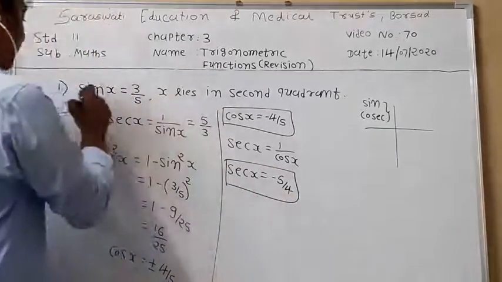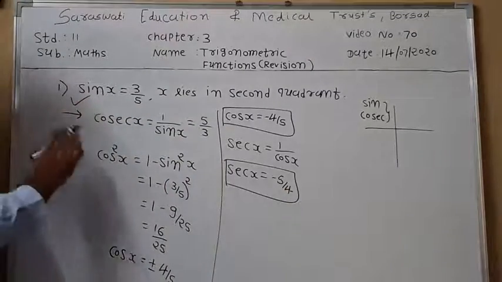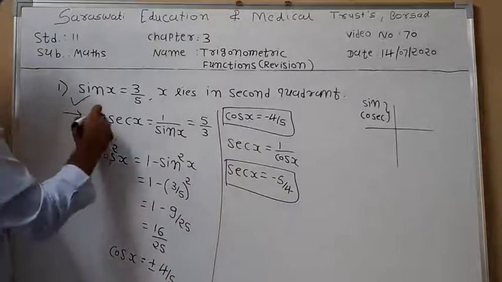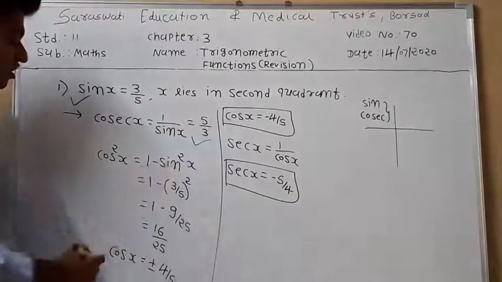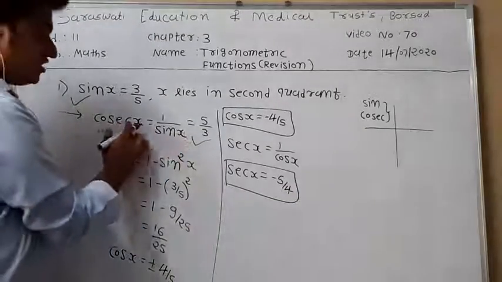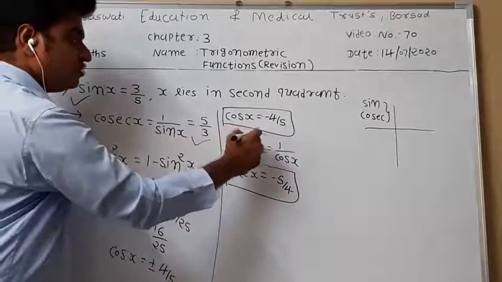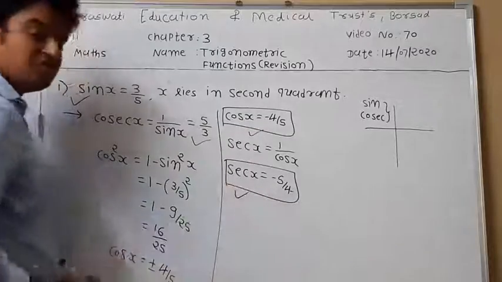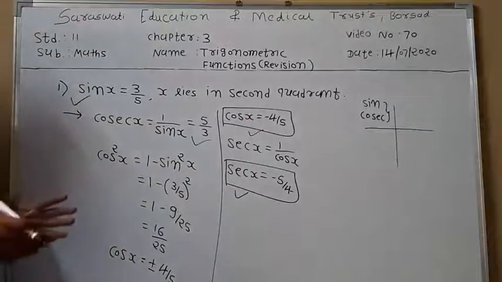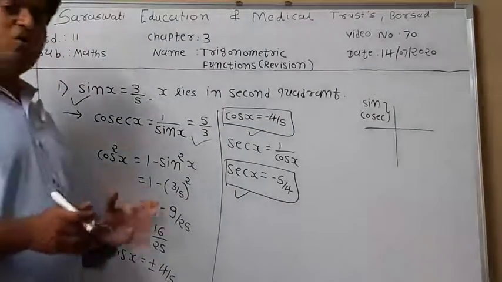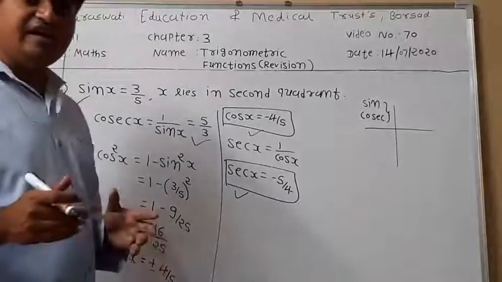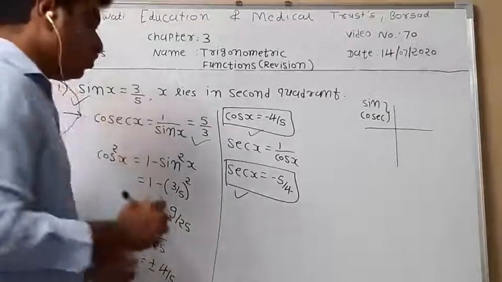Now sin x is already given in our question. The value of cos x is found, cosec x is found, and sec x is also found. Now the remaining two values are tan and cot. We know that tan x is equal to sin x upon cos x.